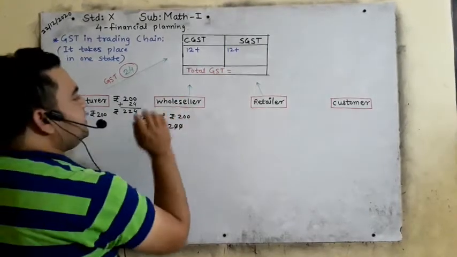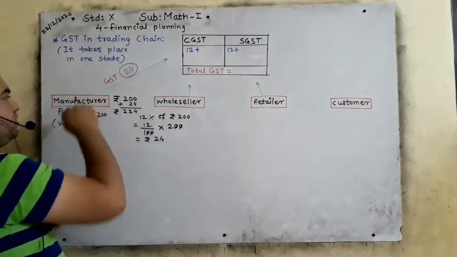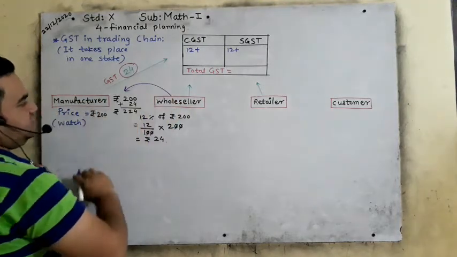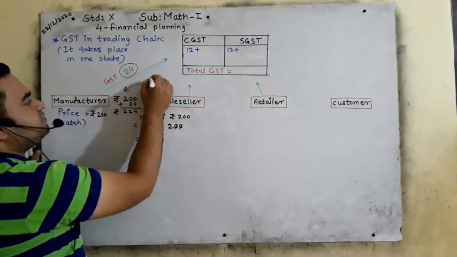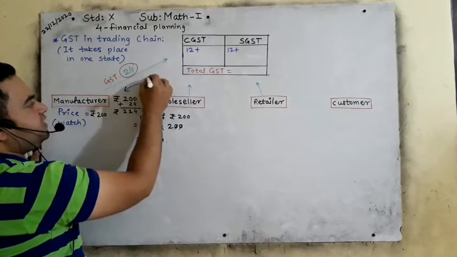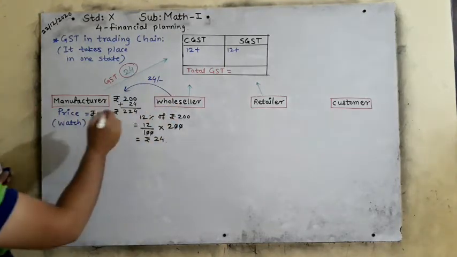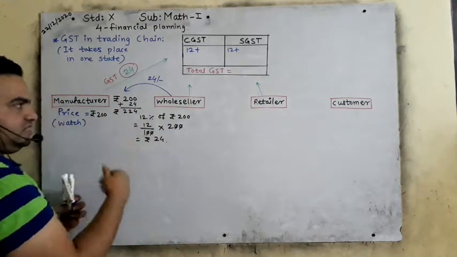Now the wholesaler has paid GST to the manufacturer. Pay attention here. The wholesaler paid GST to the manufacturer. That is how much? 12% of 200, that is 24 rupees. The wholesaler paid 24 rupees GST to the manufacturer. That is at the time of purchasing.